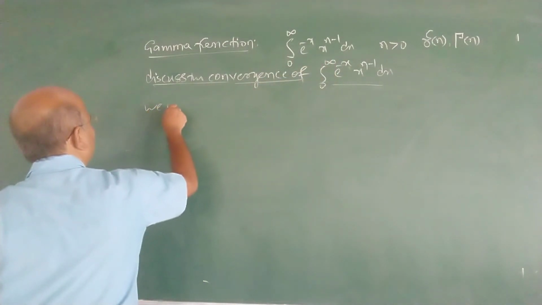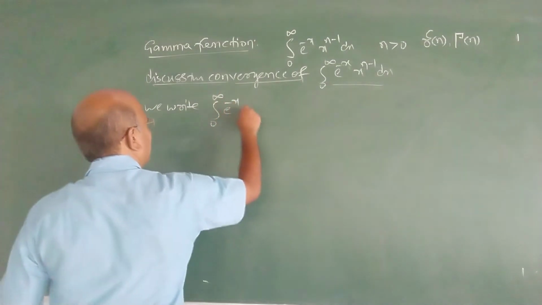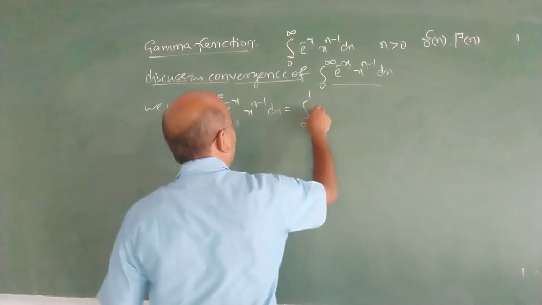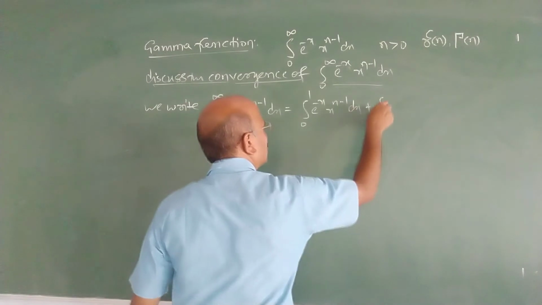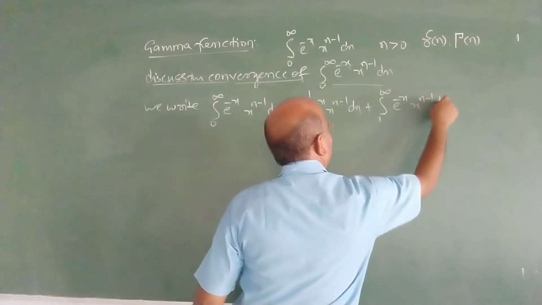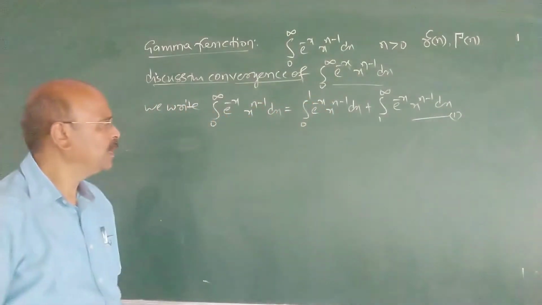Hence we write 0 to infinity e raised to minus x, x raised to n minus 1 dx as 0 to 1 x raised to n minus 1 dx plus 1 to infinity e raised to minus x, x raised to n minus 1 dx. This is the first step.